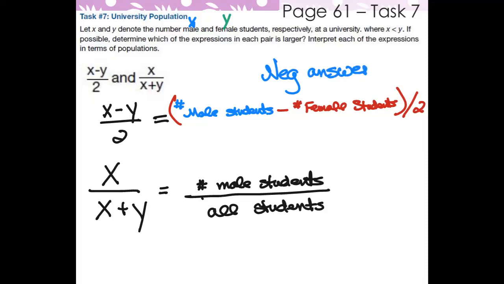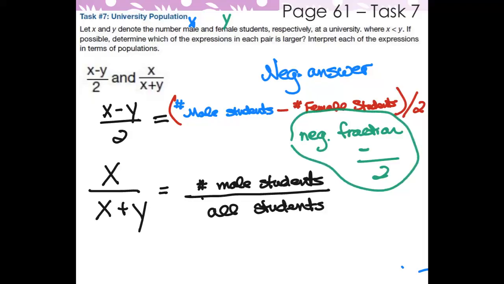And then you put that over 2, that gives you a negative fraction. All right? So the answer here is a negative fraction. So it's a negative something over 2. Does everybody see that? Okay.